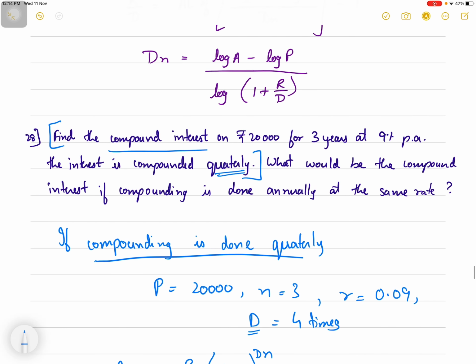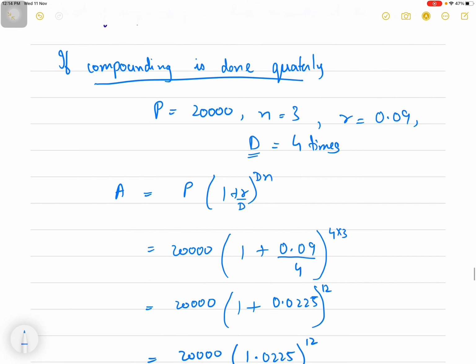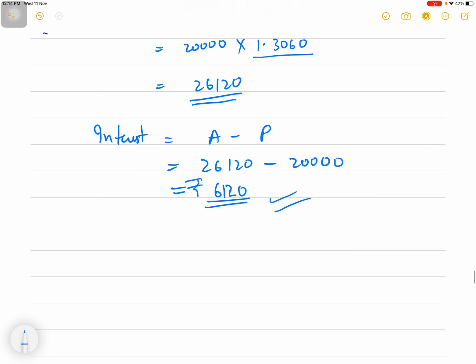Let's solve the second part. What would be the compound interest if compounding is done annually?